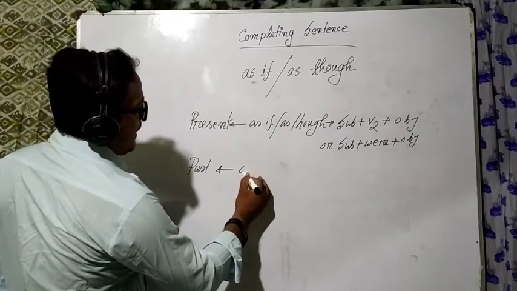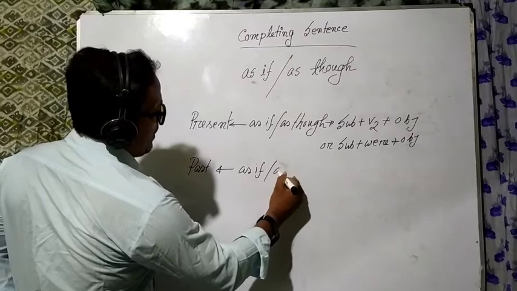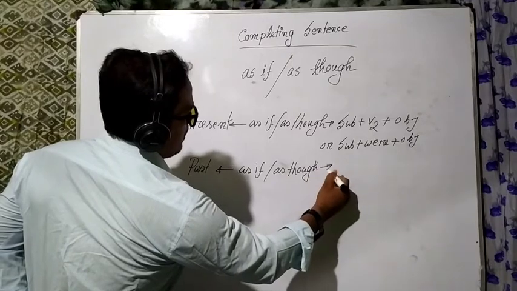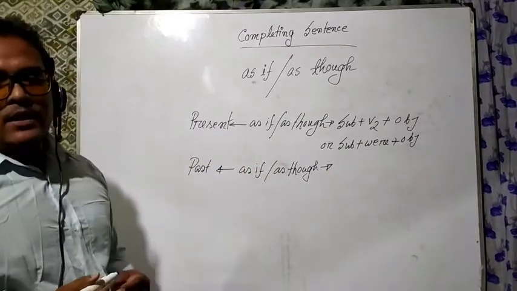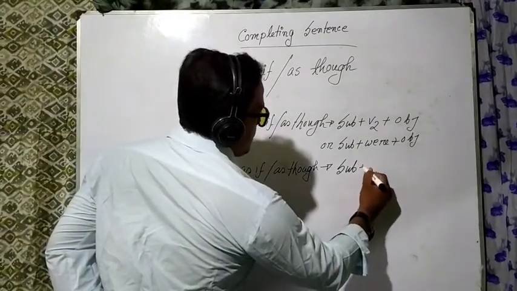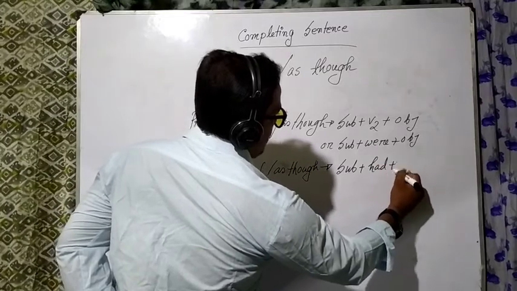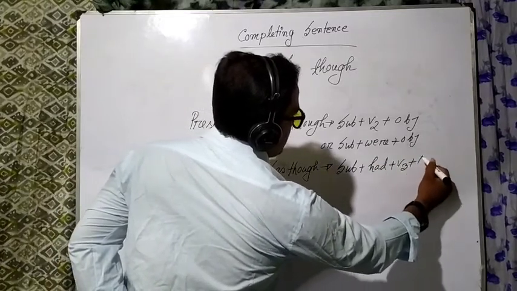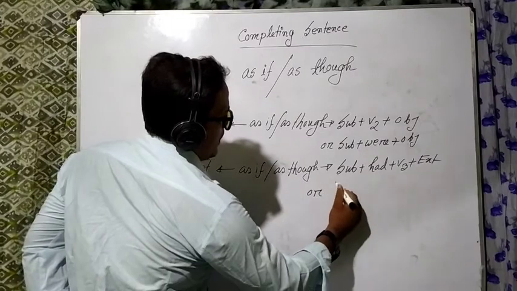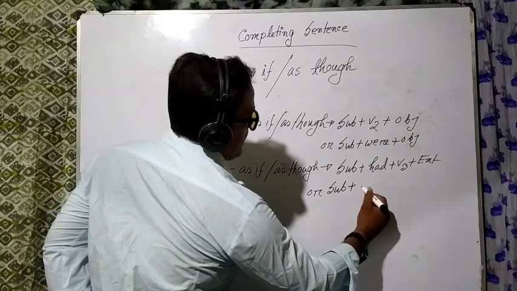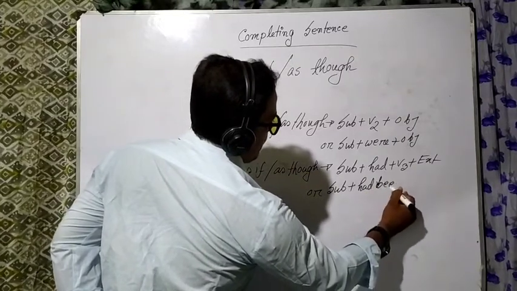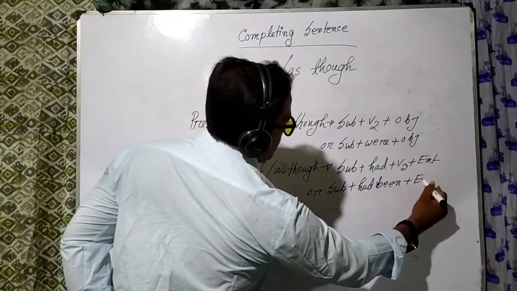and ends with as if or as though, the last clause will be subject plus had plus v3 plus extension or object, or subject plus had been plus extension.